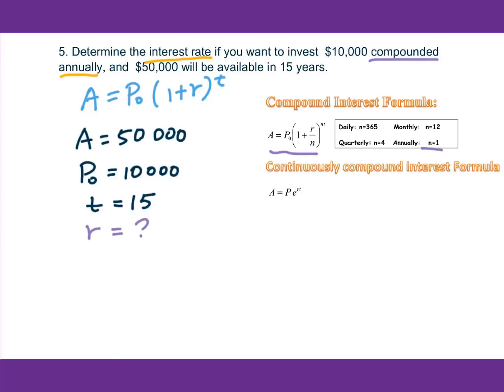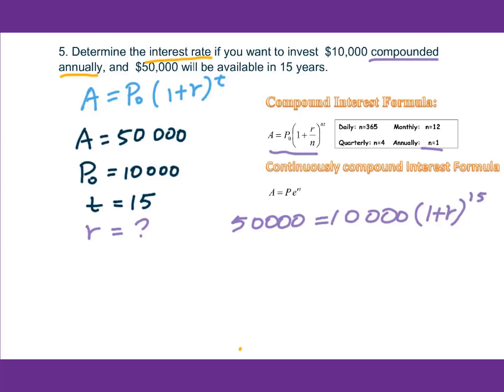So we plug into the formula, we got 50,000 equals 10,000 times (1 plus r) to the 15th power.